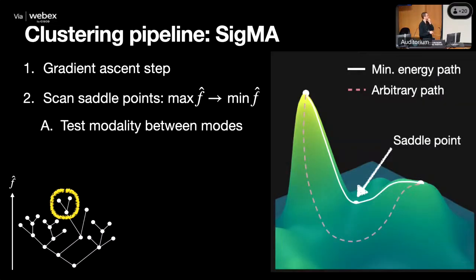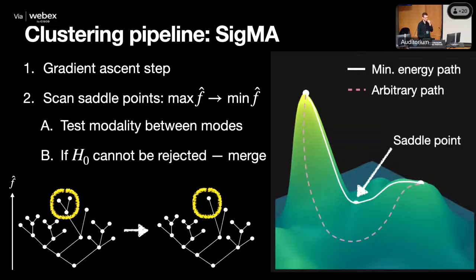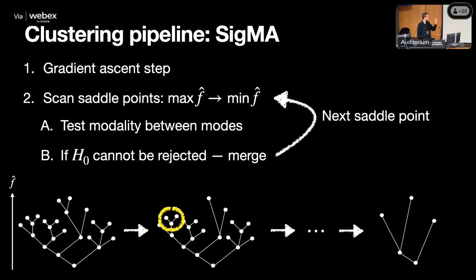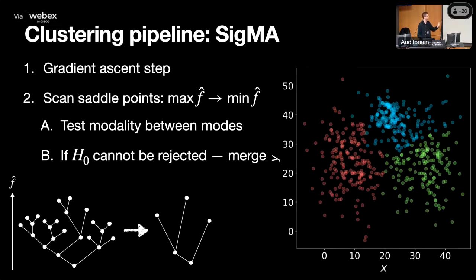We merge based on a modality test: we do some spatial statistics, basically walking from one peak to another peak over the minimum energy path. If we cannot reject the null hypothesis, we merge. We do this iteratively until we generate our clustering result.